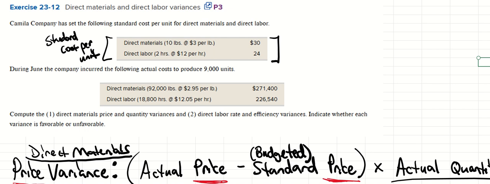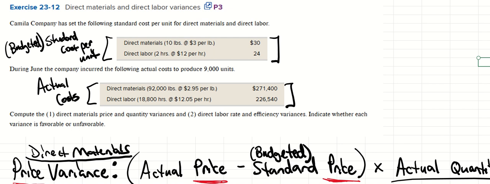And standard also means budgeted. So this is where we get our information in regards to standard price and standard quantity. And then the second set of data is our actual costs. It looks like the actual cost that's provided to us is in total for direct materials and direct labor.